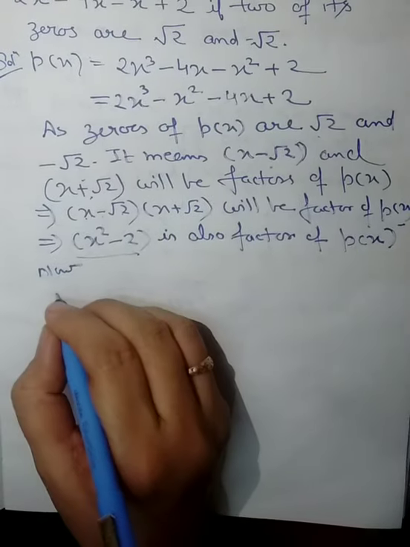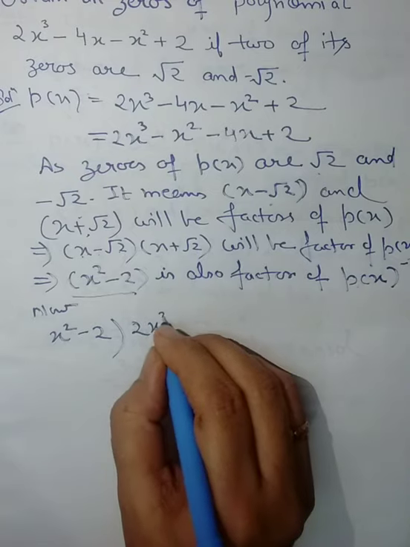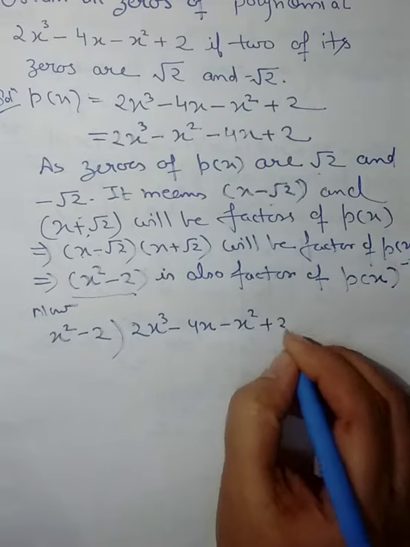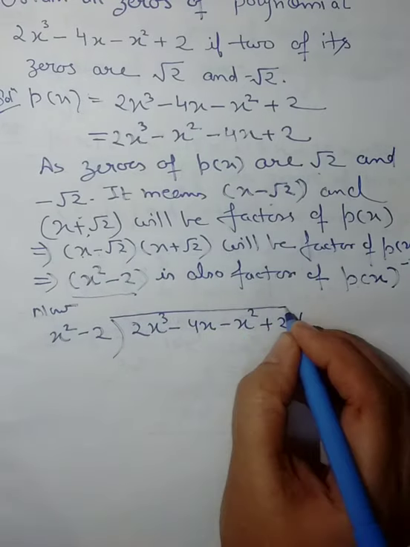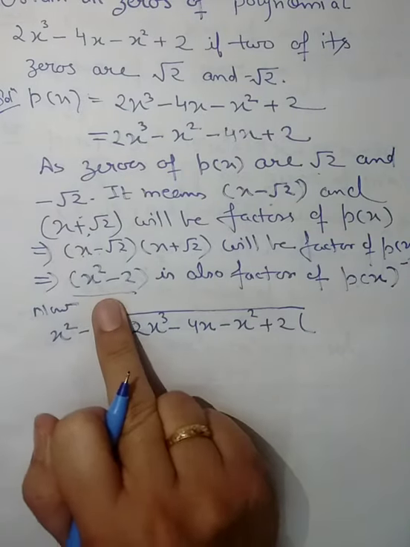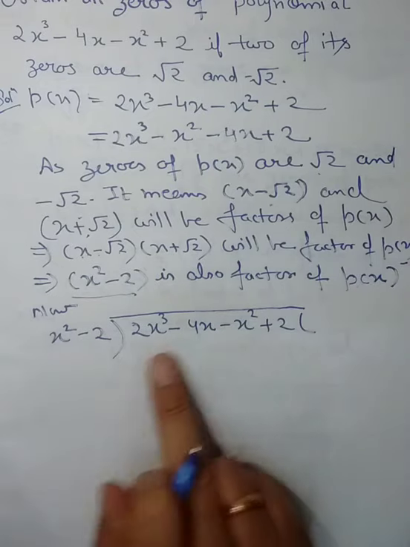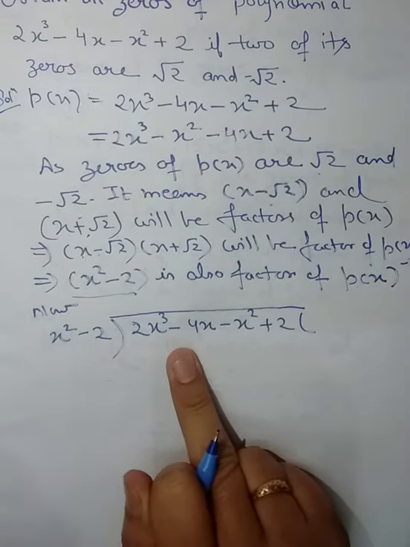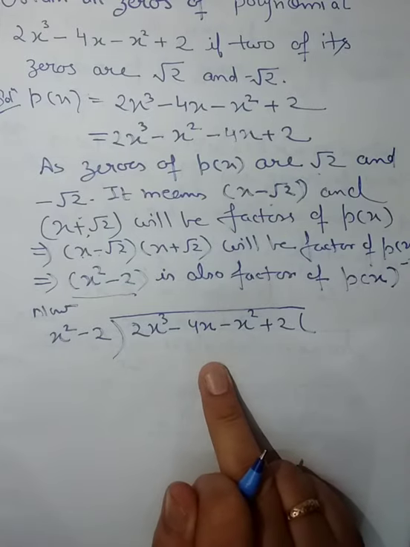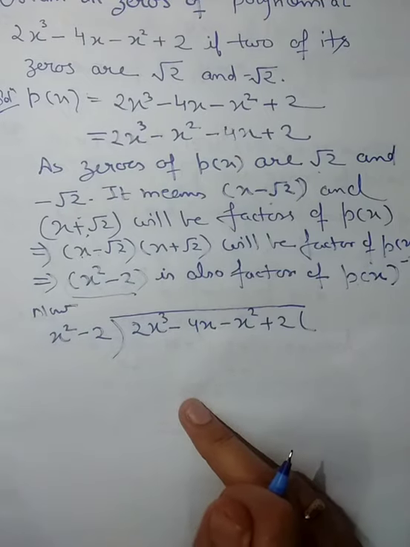Now we will divide 2x cube minus 4x minus x square plus 2 by x square minus 2. One more thing, as x square minus 2 is a factor of the given polynomial, it means that if we do division, its remainder will be 0.